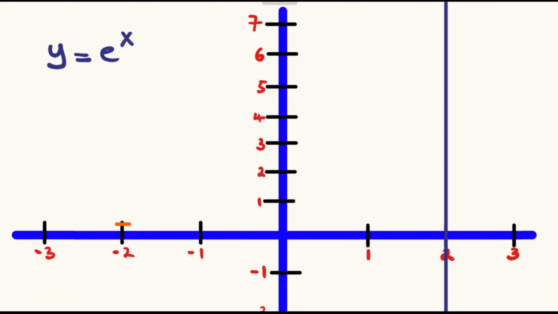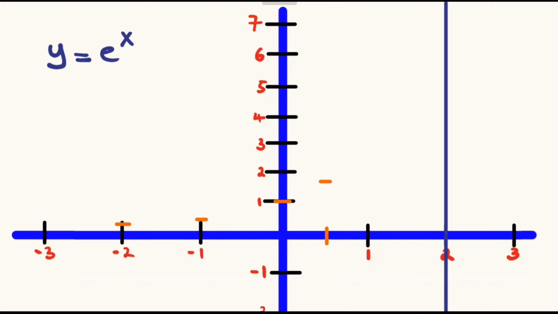When x is equal negative 2, y is equal 0,135, which will be somewhere there. When x is negative 1, y is 0,3679. When x is 0, then y will be equal 1. Let's have 0,5 somewhere around there. When x is 0,5, y is 1,648.